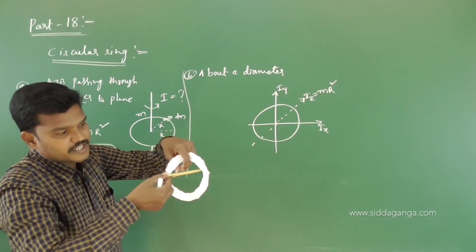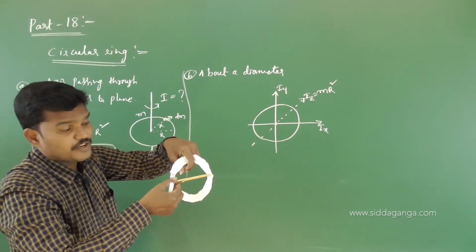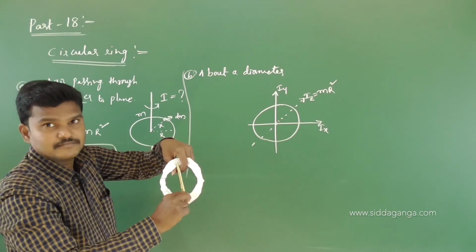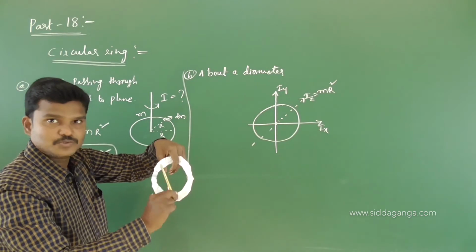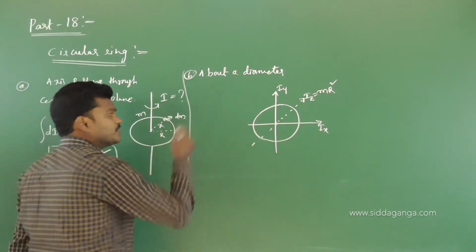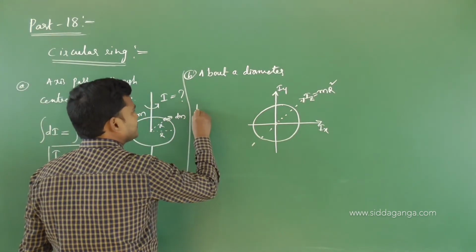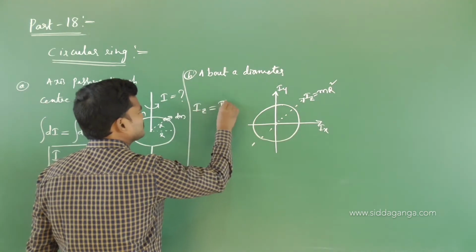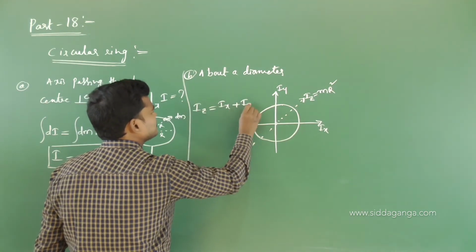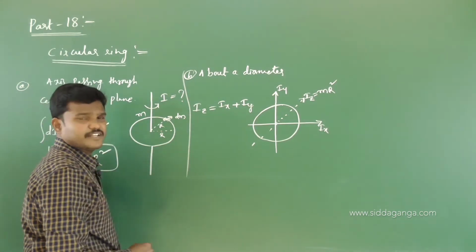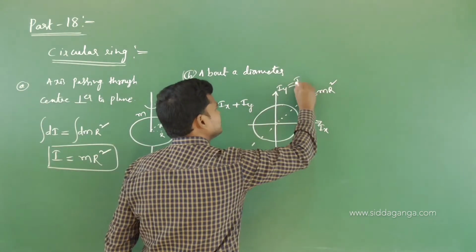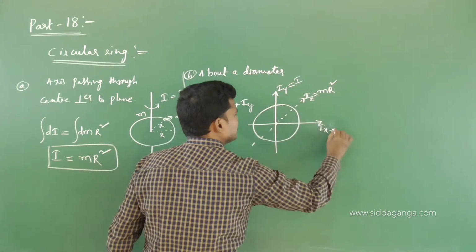The target is about the diameter, whether you find Ix or Iy, both values are the same. So from the perpendicular axis theorem, Iz is equal to Ix plus Iy. Because of symmetry, Ix and Iy are the same, let me take this as I.